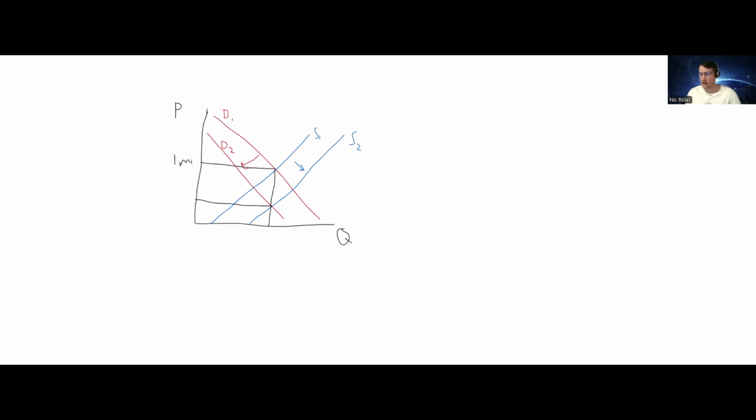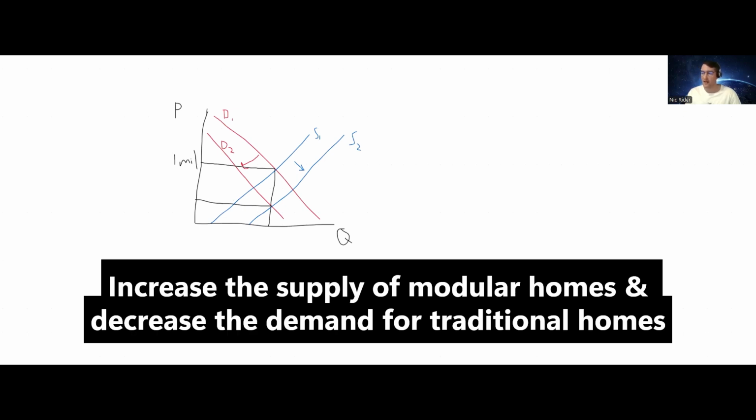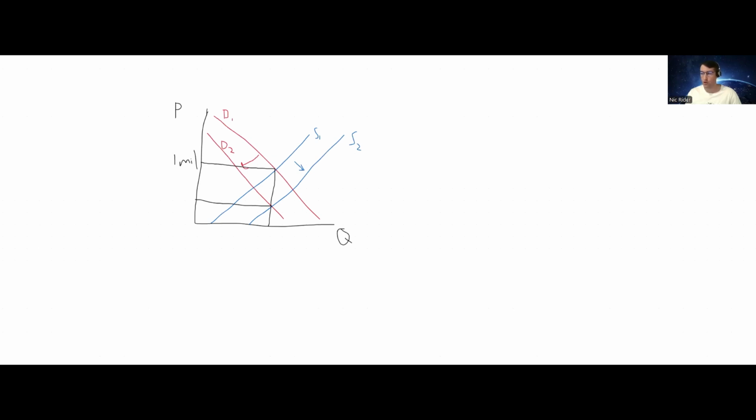Now, if we increase the quantity of houses and increase the supply, demand comes back over here on the side, because people have bought a whole lot of modular homes, and as a result, there's less demand for houses in the inner city market, and that reduces the cost of these properties from 1 mil down to 800K.